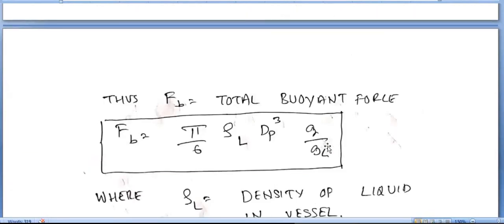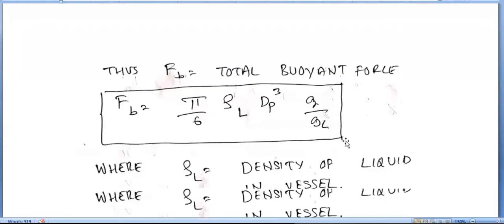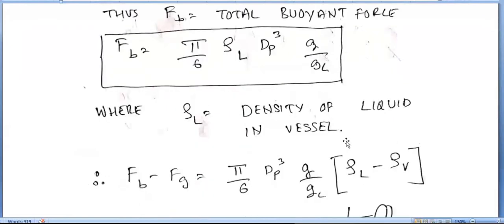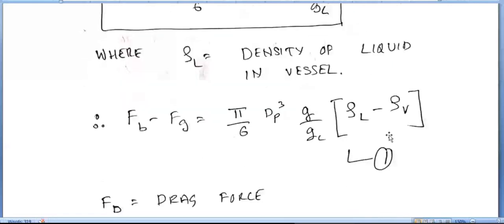I told this in fluid mechanics also. The formula is the same, but you replace the densities. So here the only change is rho L, the density of the liquid or the continuous phase. Now for the bubble to come out, Fb should be greater than Fg. So I have done this, and you have equation number 1.